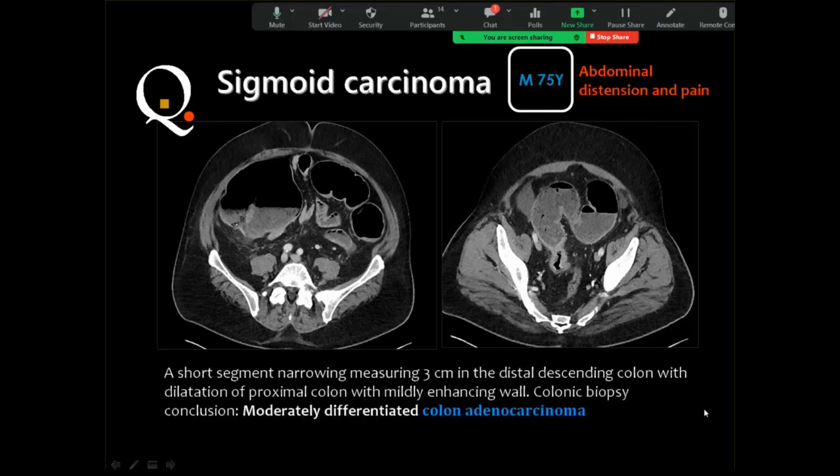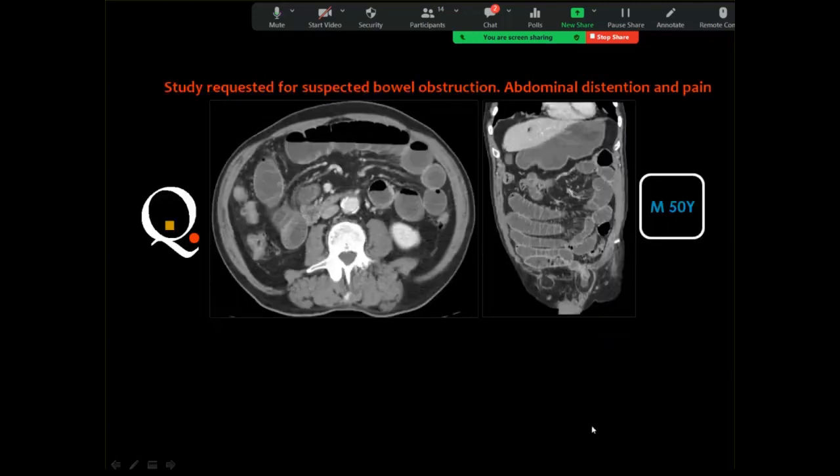This is sigmoid carcinoma. You got the structured part of the sigmoid colon with the thickening of the wall encroaching on the lumen, as well as proximal dilatation of the colon containing multiple air fluid levels. And this is a sigmoid cancer with proximal small bowel obstruction.